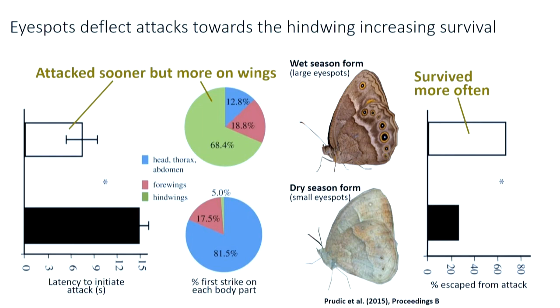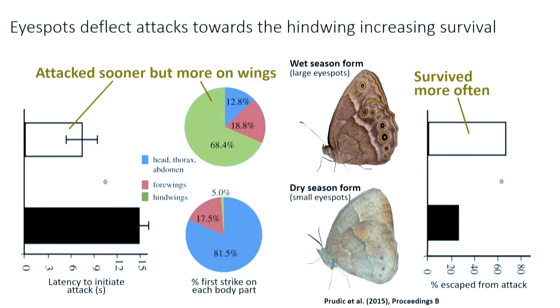So having eye spots in general is a good thing, because the butterfly can survive even though it is attacked. The attack is initiated earlier because they detect the butterfly and the eye spots faster.